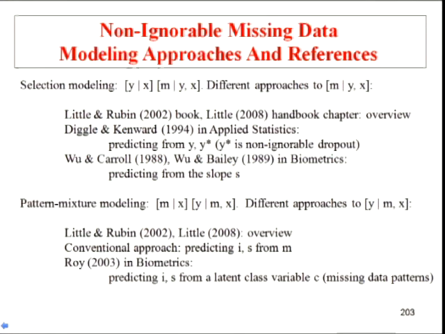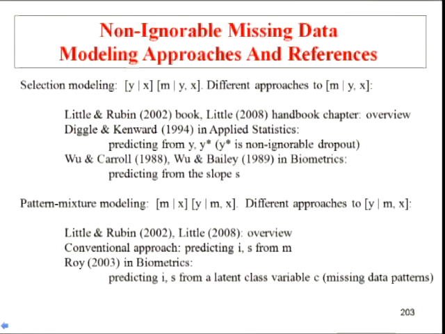You have covariates. But that's not the only data you're observing. The other data that you're observing is whether or not you have missingness on the y. So missingness or not is a binary variable corresponding to each y variable. Selection modeling looks at y given x and missingness given y and x.